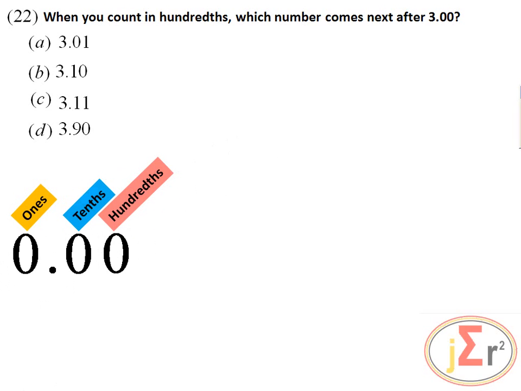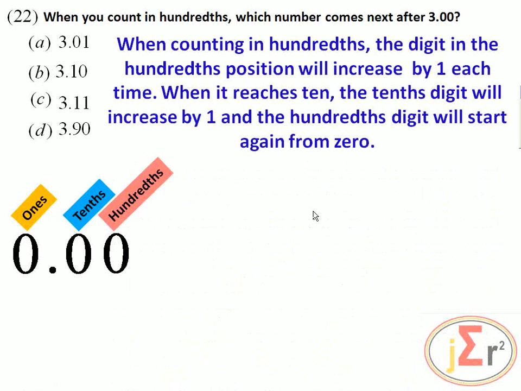So we have hundredths, tenths, ones. We have our place values there. And what will we do? When counting in hundredths, the digit in the hundredths position will increase by 1 each time. When it reaches 10, the tenths digit will increase by 1 and the hundredths digit will start again from 0.